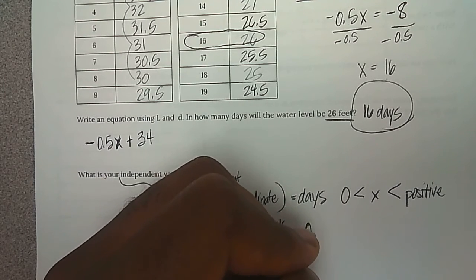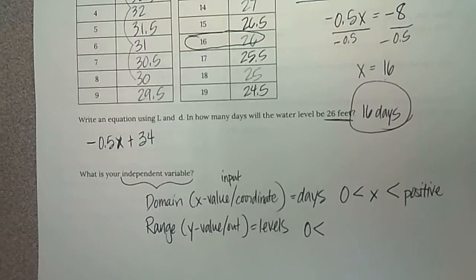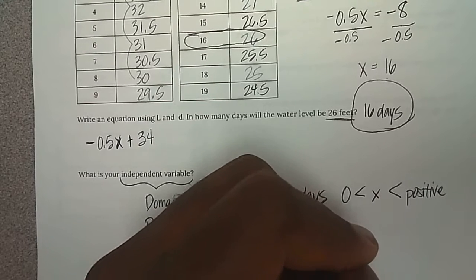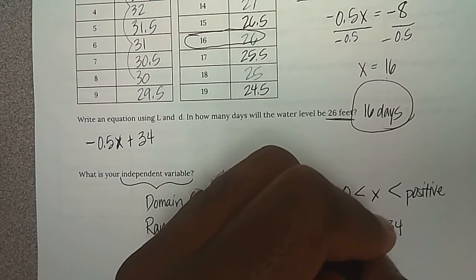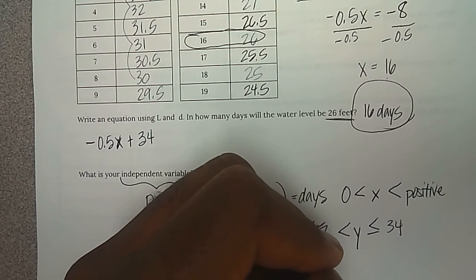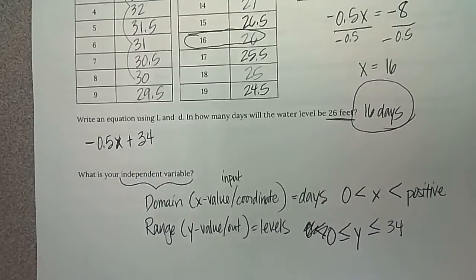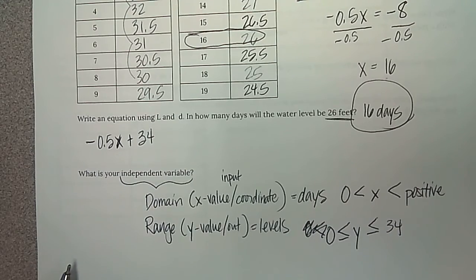So 0. No. Let me think about this. My Y can be equal to or less than 34, but it has to be larger than or equal to 0. So that's what domain and range does for us.